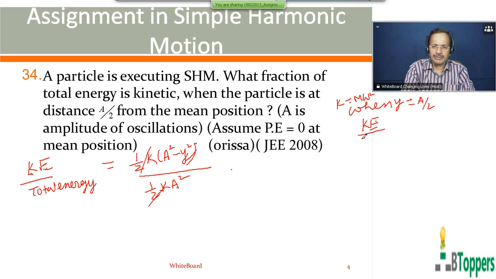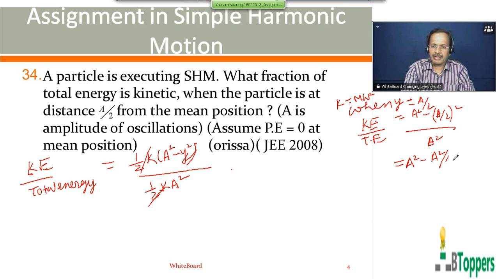So ratio of the kinetic energy to the total energy will be A square minus y square by A square, where y equal to a by 2. So this you can simplify further.